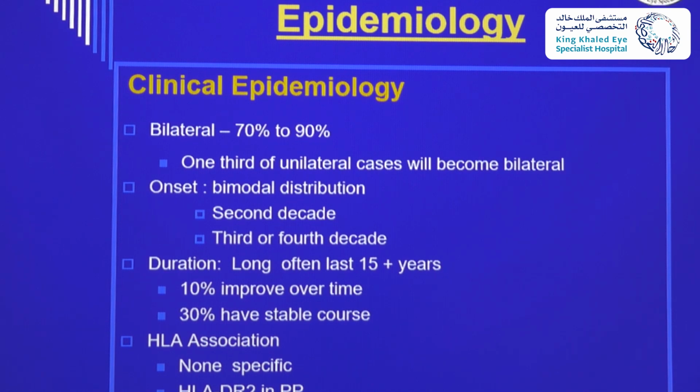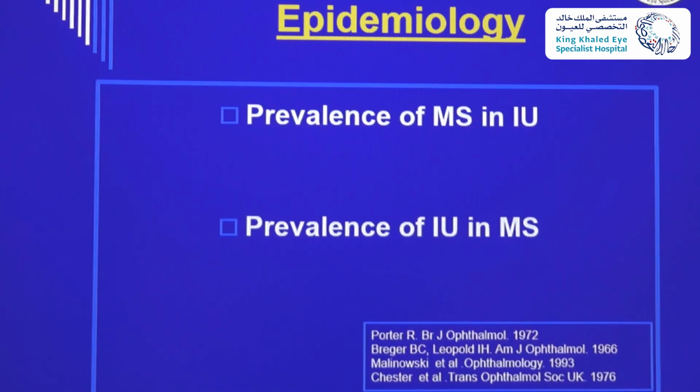The association with HLA is usually non-specific, but it was found that pars planitis, which is a subset of intermediate uveitis, might have HLA-DR2. There is a strong relationship between multiple sclerosis and intermediate uveitis.